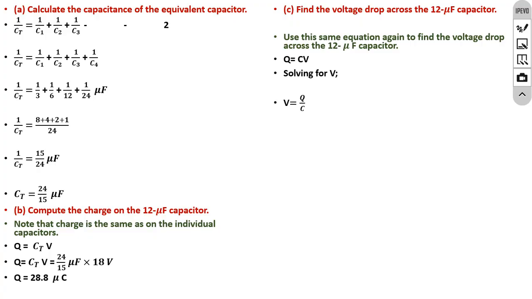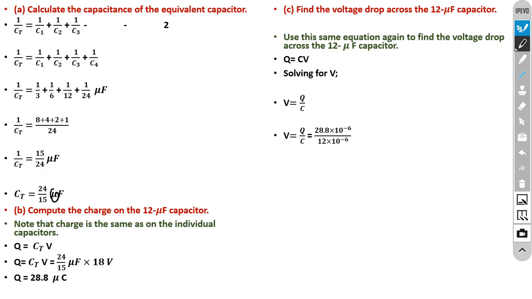Then we make V the subject. In that expression we have Q over C. So the Q has been given here. This is our Q, and I'll put it here. And the C, you now put the 12 here.